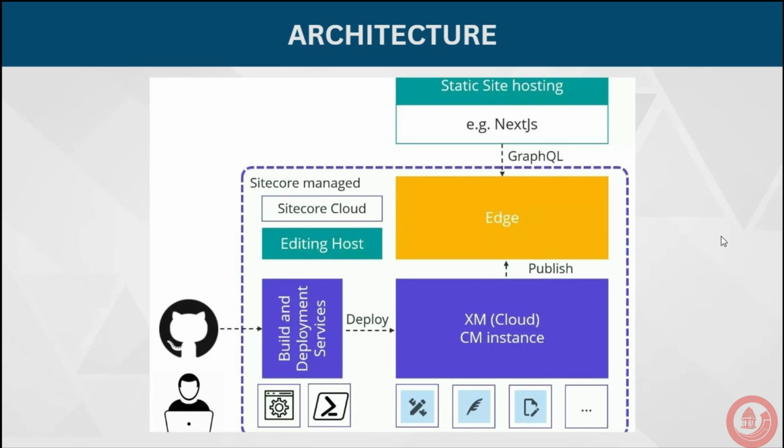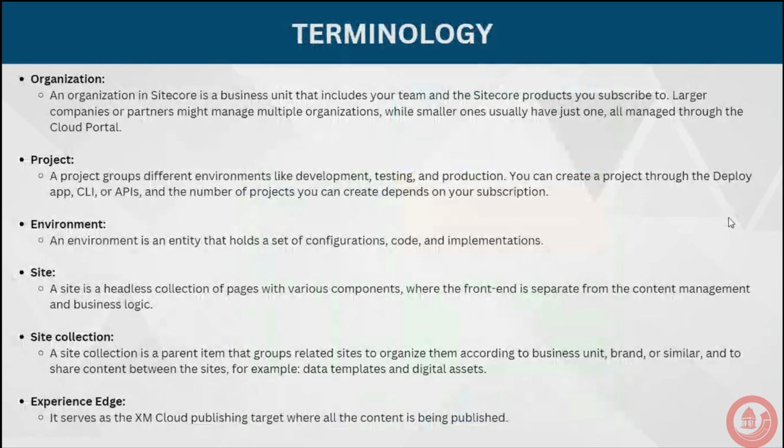Okay, thank you, Shransh. So let's talk about some terminologies that are commonly used in XM Cloud. So first is organization. Organization inside XM Cloud is a business unit that includes your team and sites for products that we have subscribed for. So everything comes under an organization. Then project.